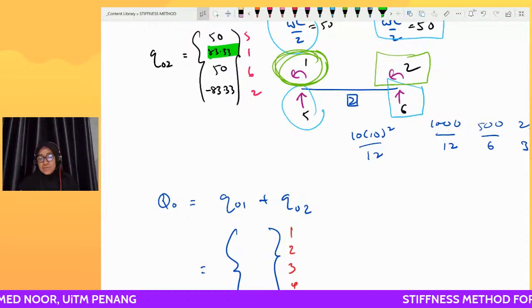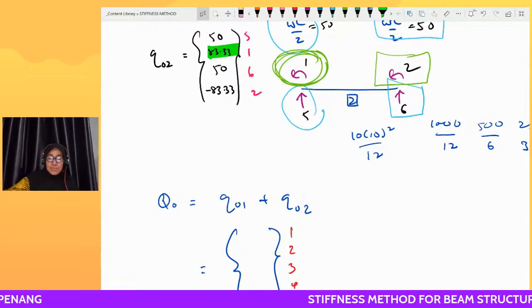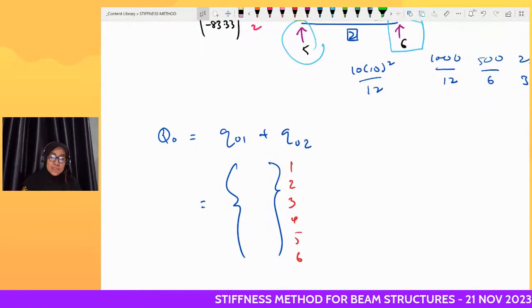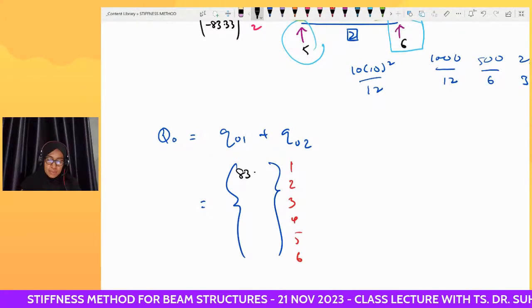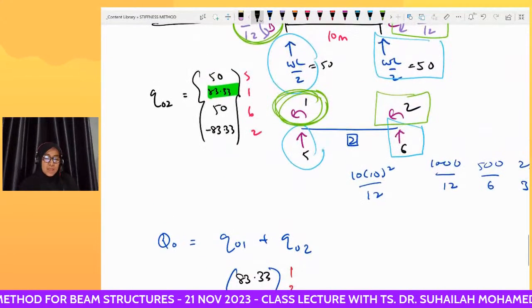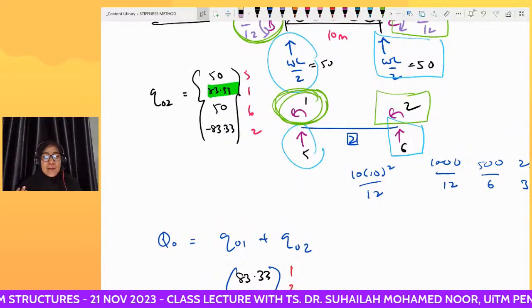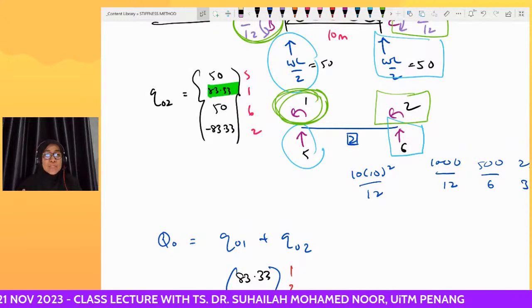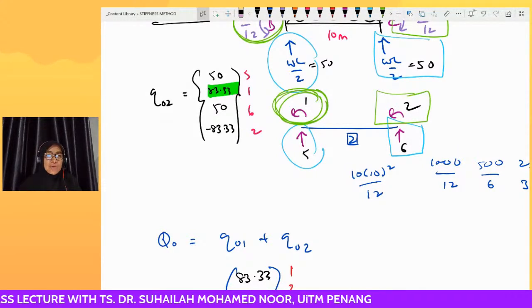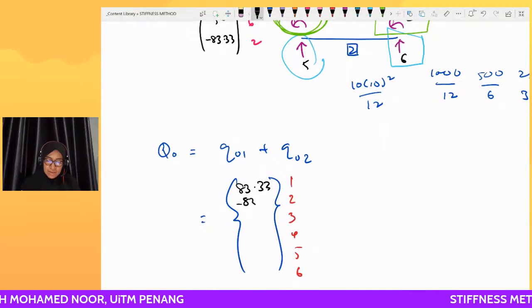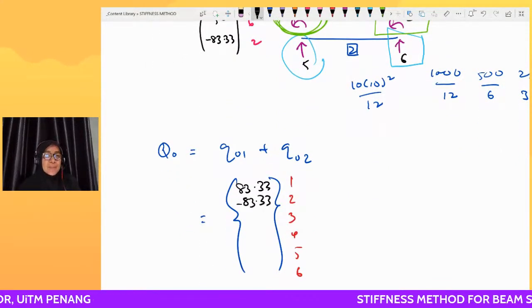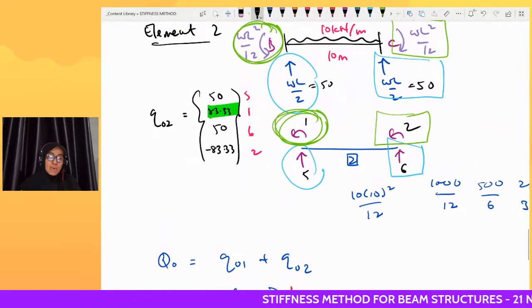The value is 83.33, so we put it at position 1. Then we find the value at position 2. The value at position 2 is negative 83.33.